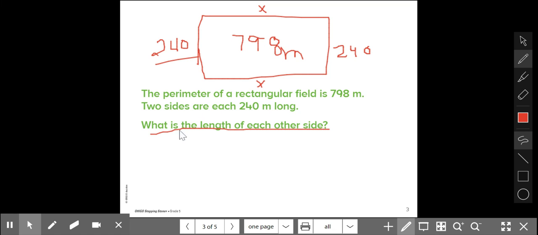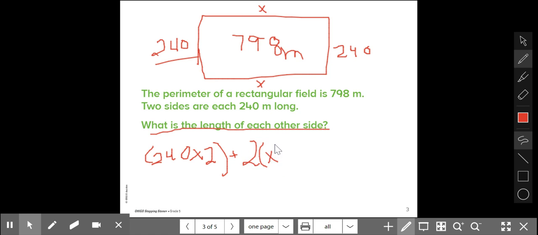So if we add 240 times 2, I'm going to put it in parentheses to make it look a little cleaner. If we add that plus 2 times x, I'm going to just leave it at 2x.